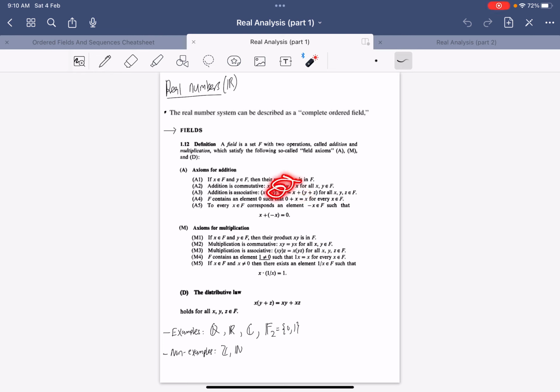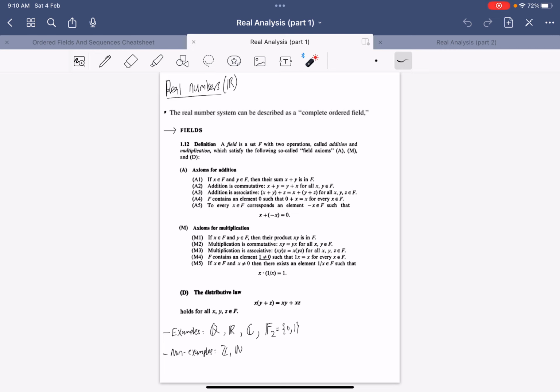It's commutative and associative, as well as for multiplication. And one thing that makes fields different is that with the two binary operations, it comes with the distributive laws, so they relate the two operations together.